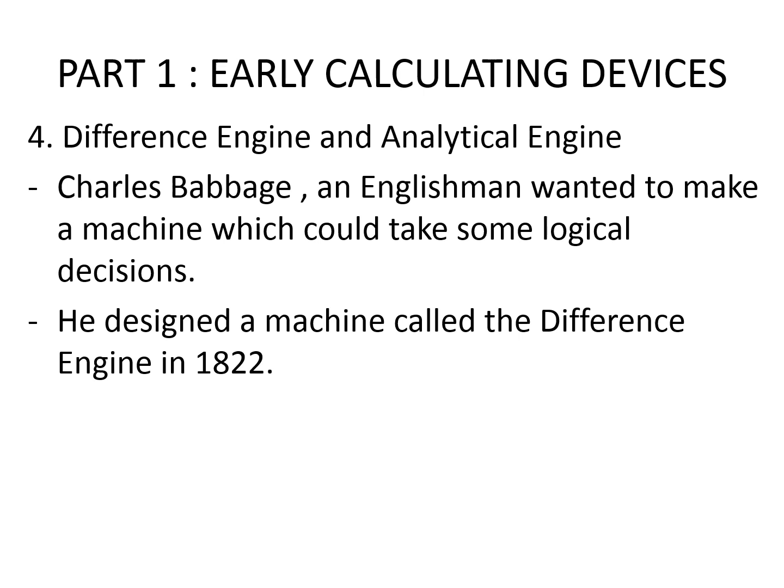Since he thought so, an idea came up in his mind that he should make a device which could take some logical decisions. So he designed a machine called the difference engine in 1822, and this was the beginning of the development of the computer.